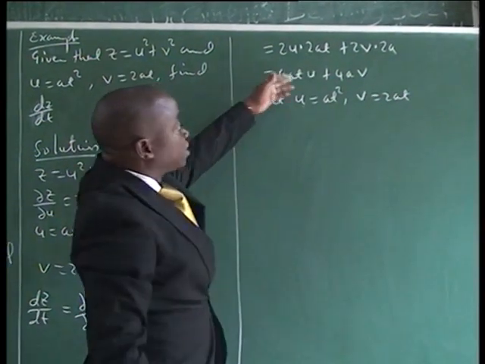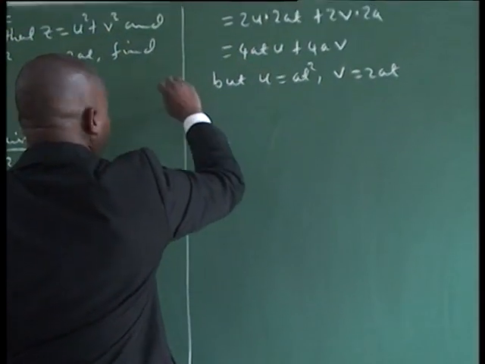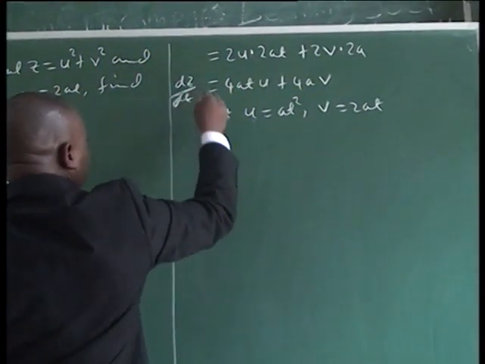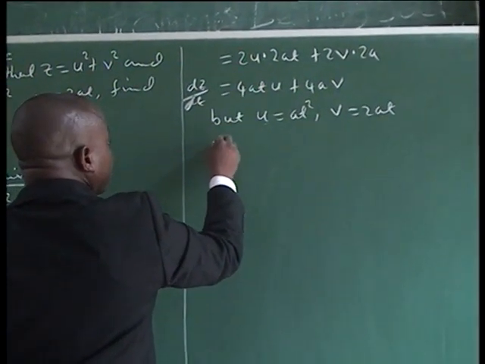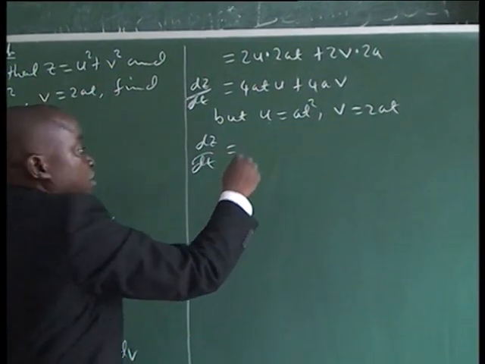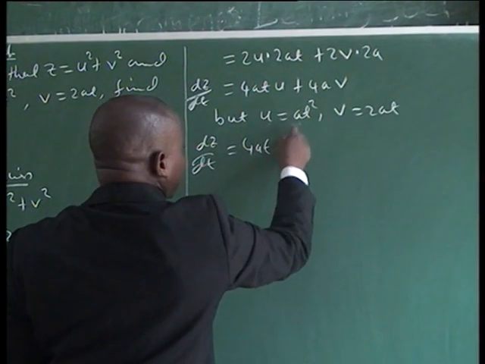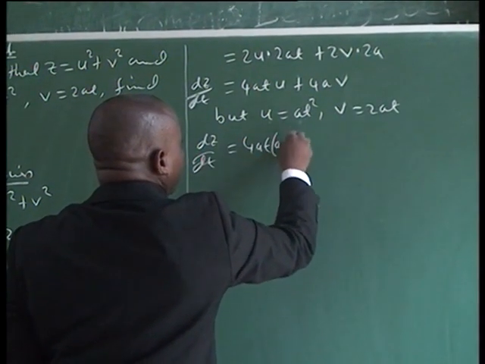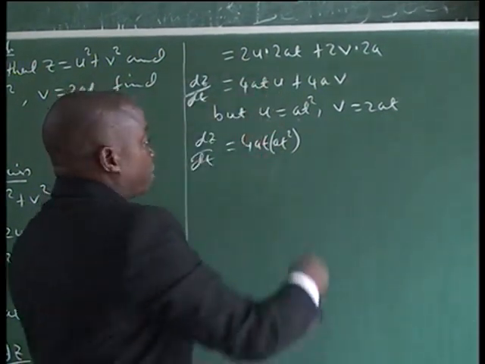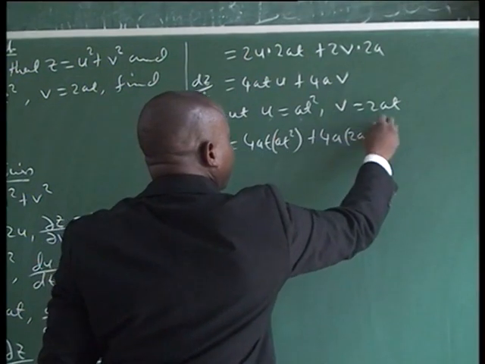So we can substitute that in this place so that we get it in one variable. So dz/dt will be equal to 32t times 8t squared, because u is 8t squared, plus 16 times 8t.